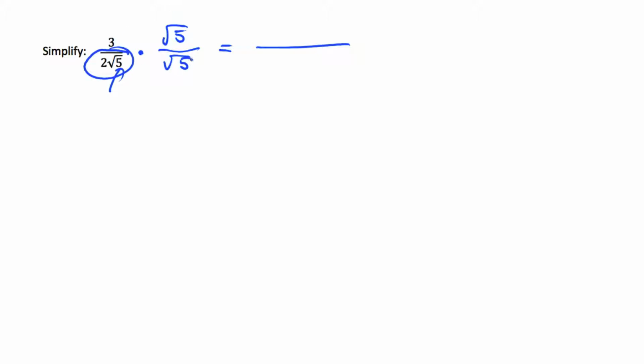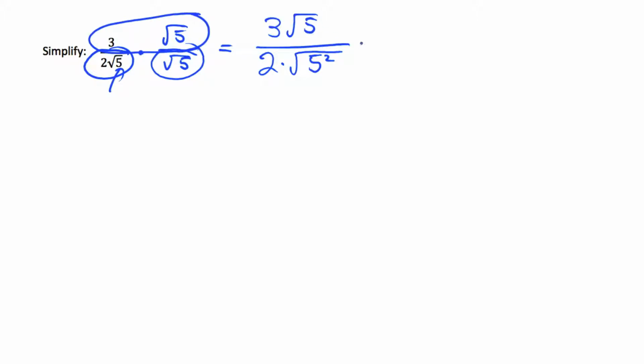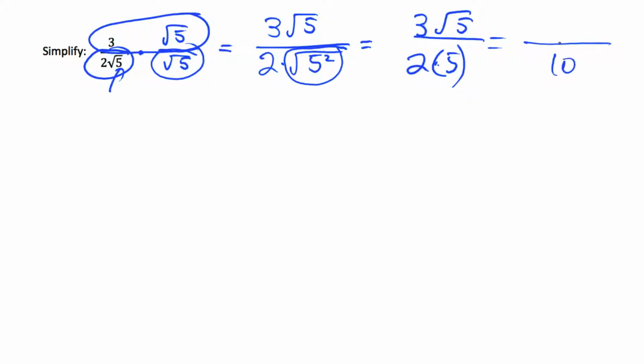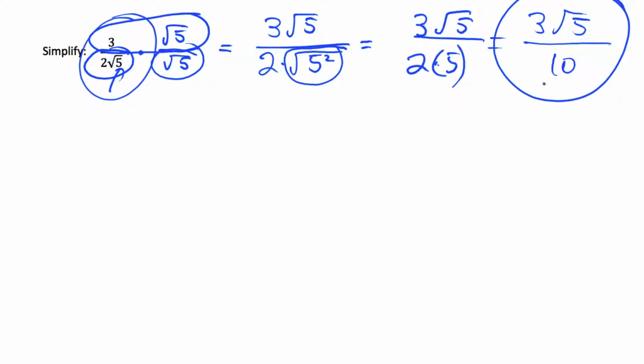So 2 root 5 multiplied by root 5 would be 2 times the square root of 5 squared. And on the top, 3 times root 5 would be 3 times root 5. And then our square root of 5 squared will be a regular 5. Put that in brackets to distinguish it from the 2. And so I get 10 on the denominator and 3 root 5 in the numerator. This expression is equivalent to the original expression, but there is no irrational number in the denominator.